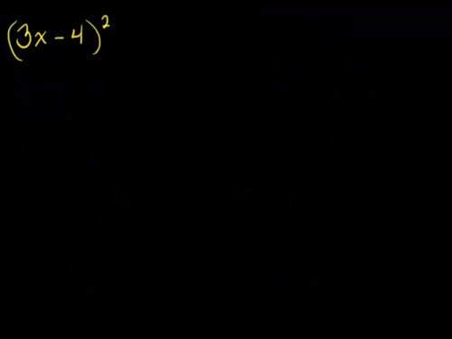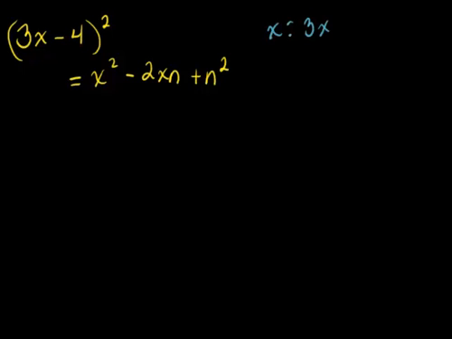When we look at squaring a binomial, we actually have a rule here. For this one, since this is negative, we can say x squared minus 2xn plus n squared. Where with this, our x term is 3x and our n is negative 4.